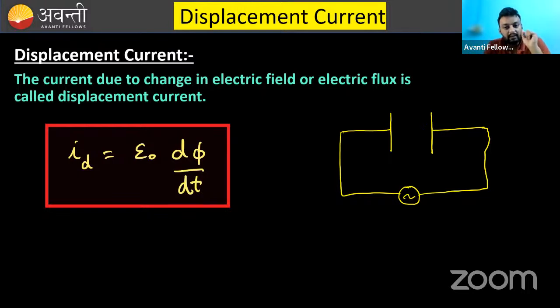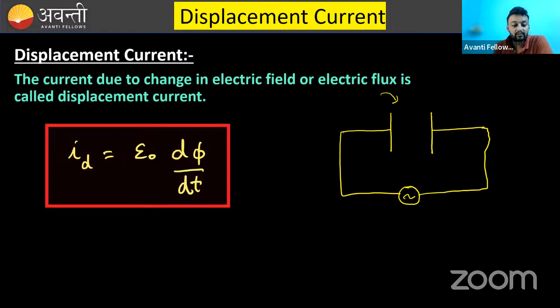If this field is variable, then the flux linked with any cross-section area in this portion is also changing. So there will be a current in this portion, and that current is called displacement current, and its value is epsilon naught d phi over dt, where d phi over dt is the rate of change of electric flux.